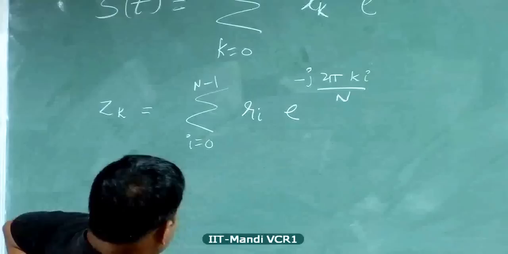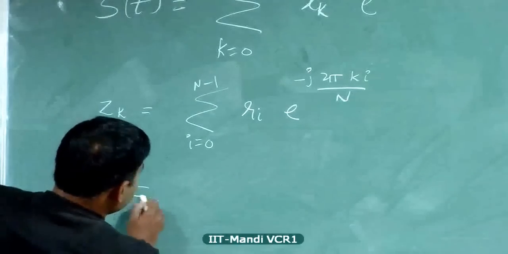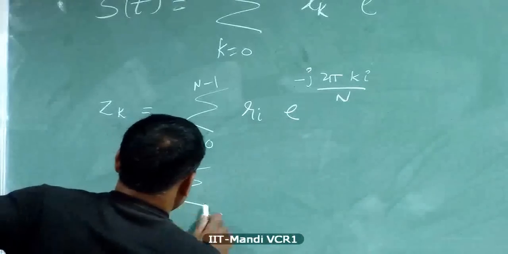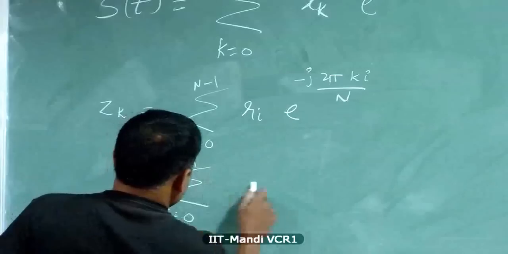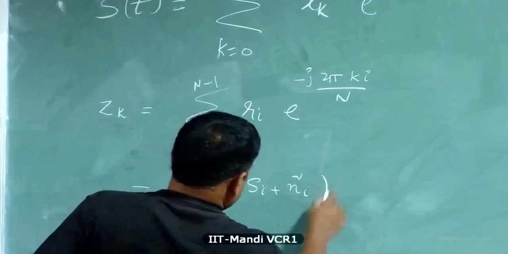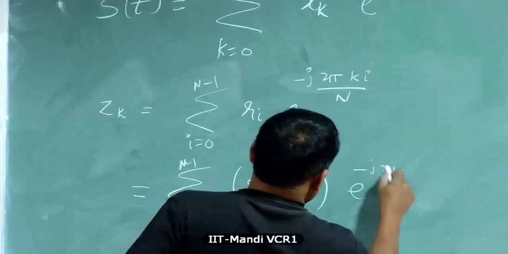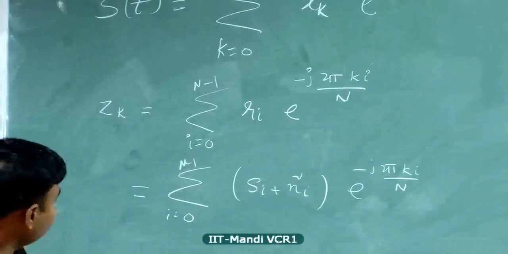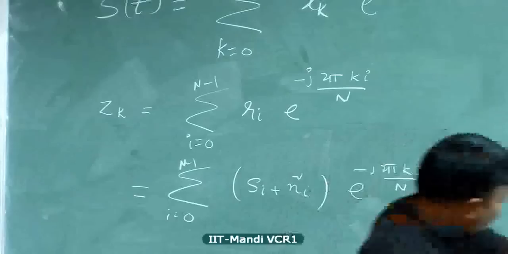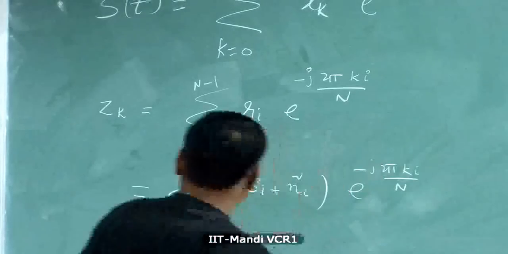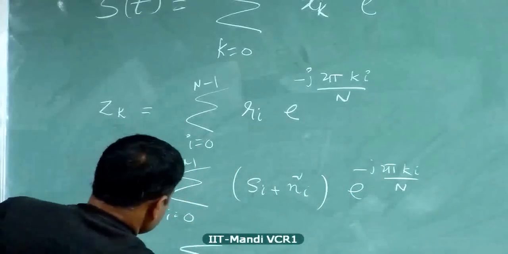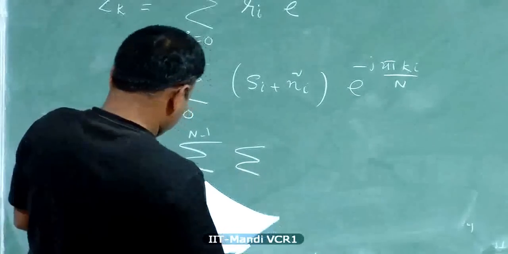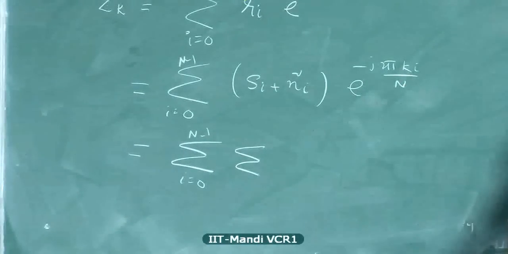Okay. So, you substitute R of I is equal to S of I plus n tilde of I, and we'll substitute the expression for S of I in here and do certain manipulations. I'm going to replace this k with a dummy variable m.